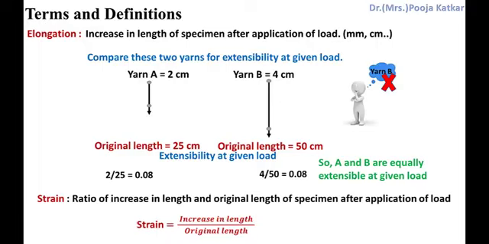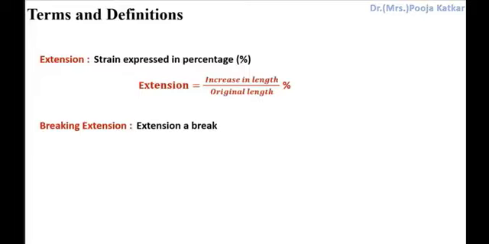But as you can see here, it is a bit difficult to handle the figures of strain which are in points. Maybe 0.08, 0.06, 0.2, 0.085, etc. And hence, we have to express the strain in percentage for better handling of the data.